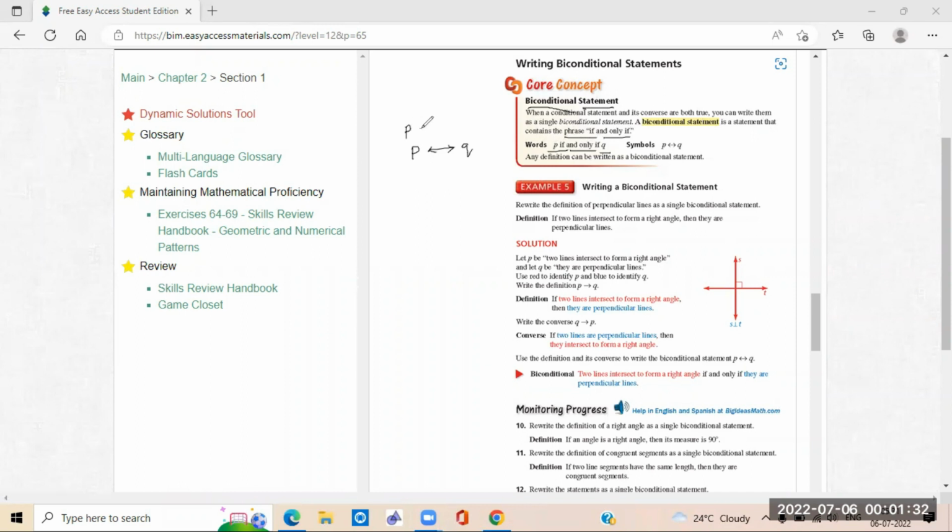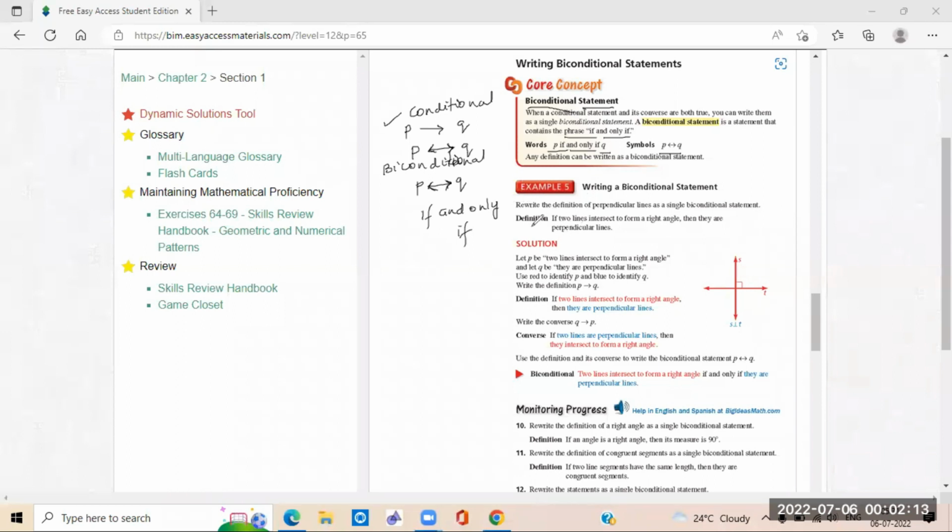The conditional statement, we represent in this way: P implies Q. But when we represent a biconditional statement, the arrowhead is towards both ends, a double arrow with two arrowheads at both sides, P and Q. This is the representation of a biconditional statement, and you use the phrase if and only if.